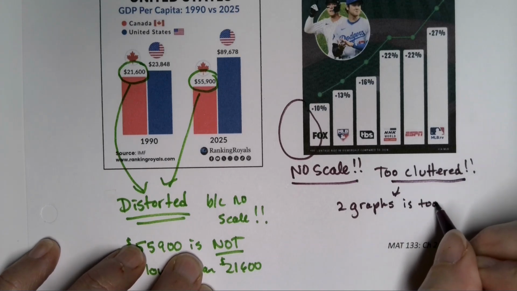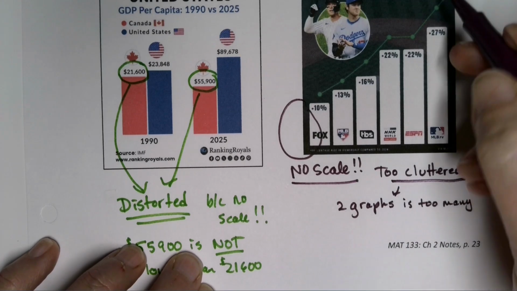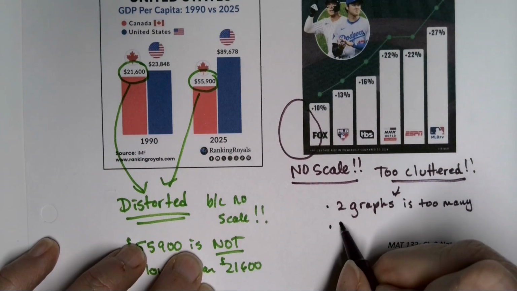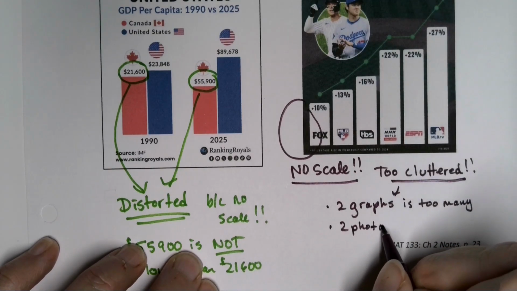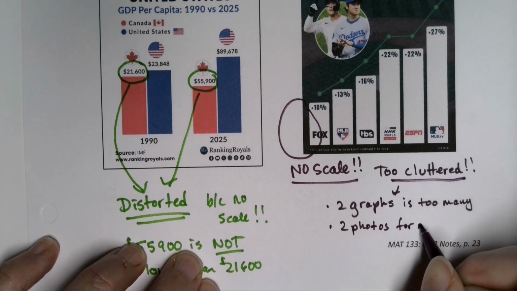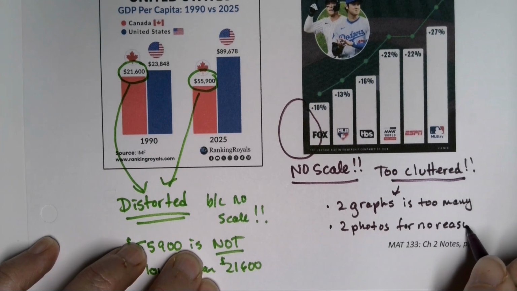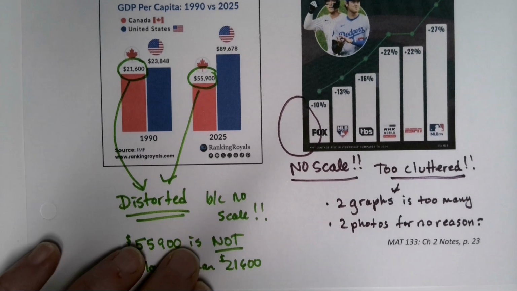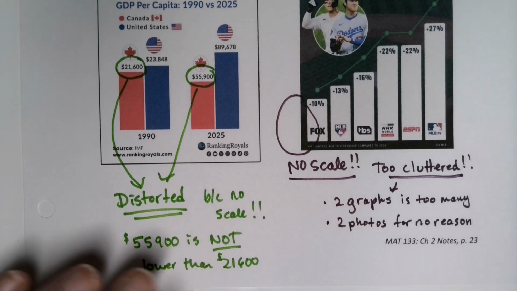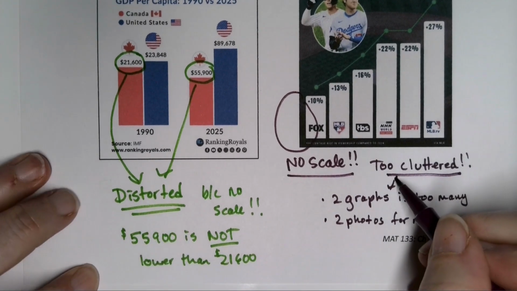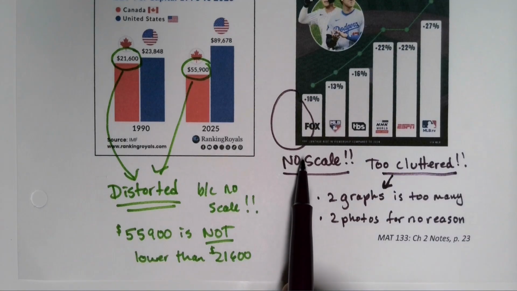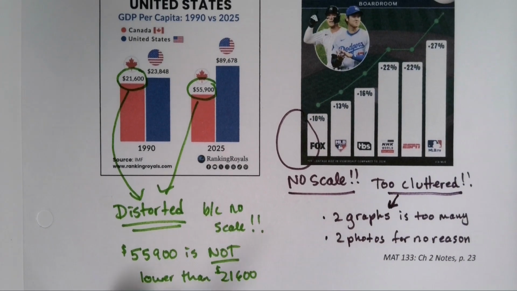That's too many, right? And there's two extra photos for no reason, which just muddles everything up and makes it harder to read and look at. You want to keep your graphs clean and easy to read. You want to have scale and not be too cluttered.